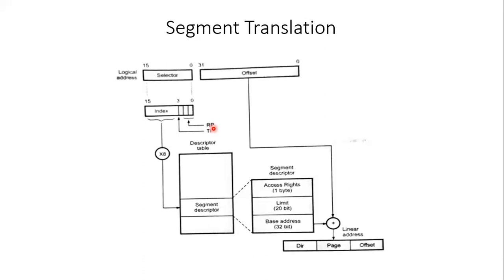As shown in the figure, the selector component of each logical address contains bits 0, 1, 2, and 3. How much is shown over here? 3. Out of that, the first 2 bits, 0 and 1, are associated with the requester's privilege level.